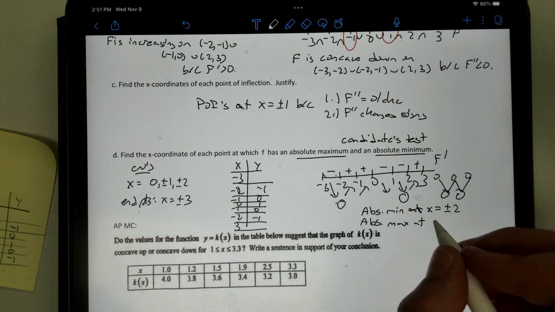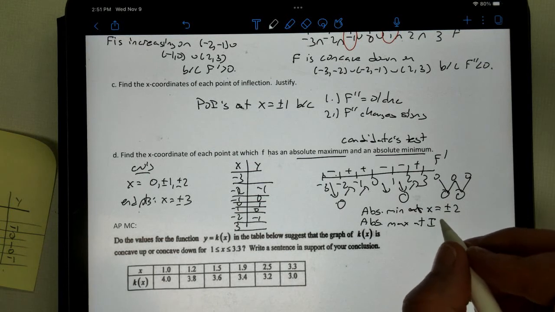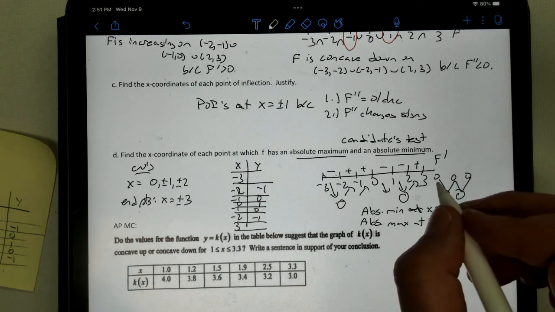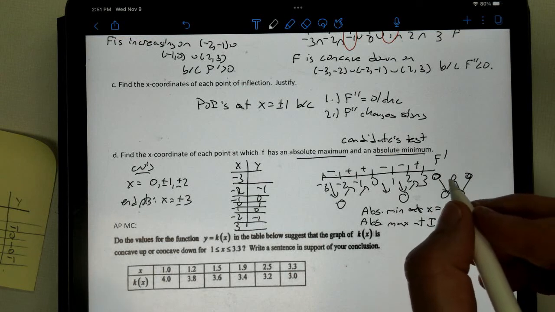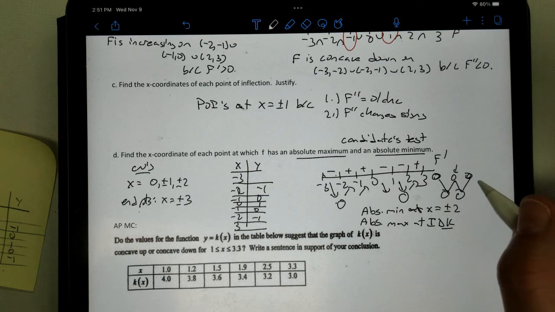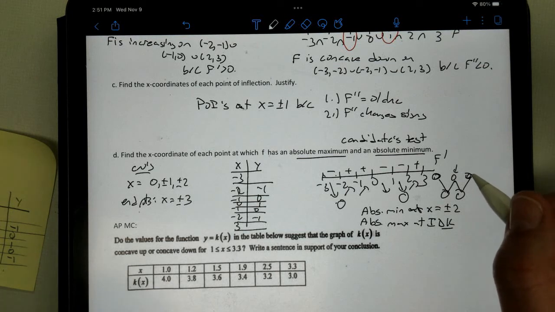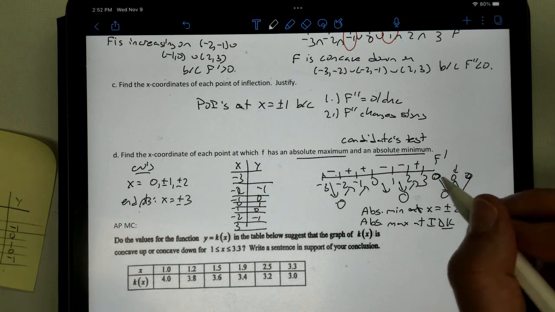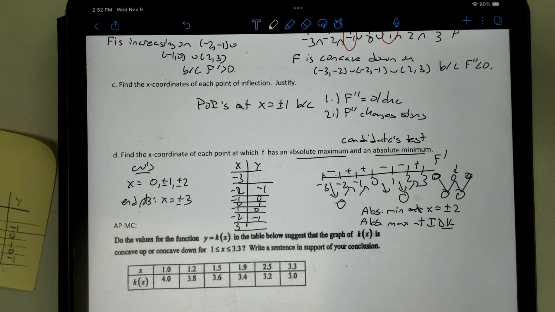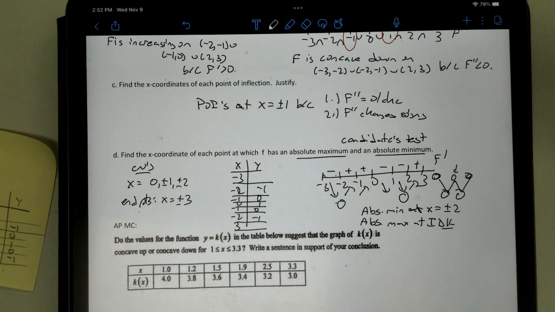So right now the absolute max is going to be an I don't know yet, because unless I knew these values, I can't compare the 3. I know the value at 0 is 1, but I don't know what's happening afterward. I can't verify what it's going to be because I would need to know more information about it. So we don't know that one yet. But we can guarantee the absolute minimum because of symmetry.